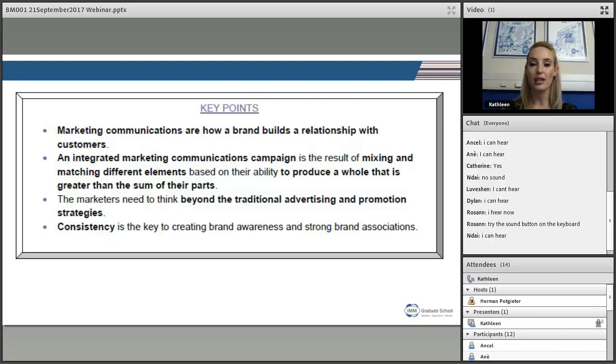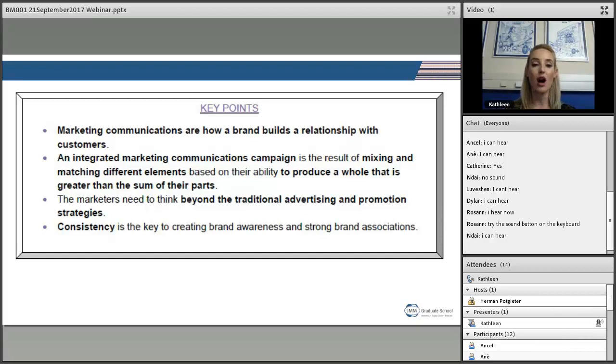An integrated marketing communications campaign is a mix of different marketing communication elements, and you are going to choose those elements based on how each of them is going to contribute to your overall program, hoping to achieve, as we term it in business management, synergy, meaning that each element performs better when mixed with the other elements than it would if it were operating on its own.